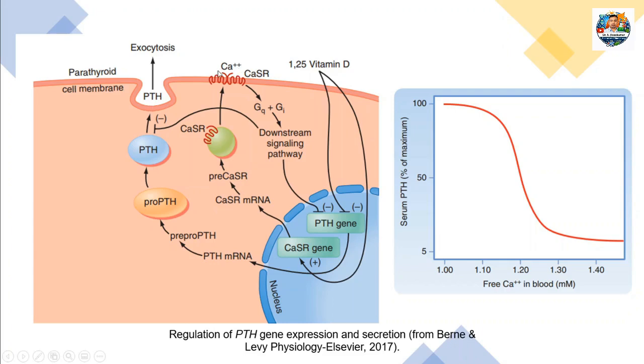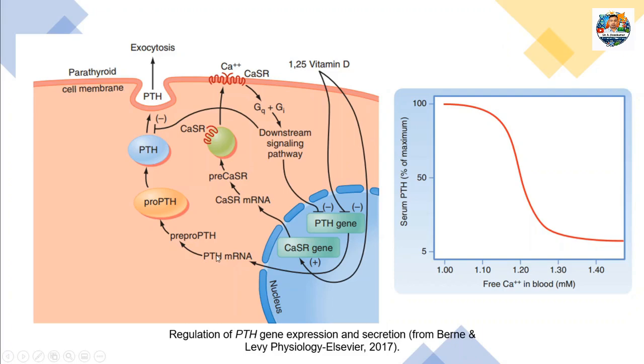But when there is not enough calcium, or it is lower than the normal calcium concentration in the blood, then this receptor will be free and there will be no activation of these G proteins, and as a result there will be no inhibition of the transcription of the parathyroid hormone gene. In that case, parathyroid hormone will be produced in the normal way.